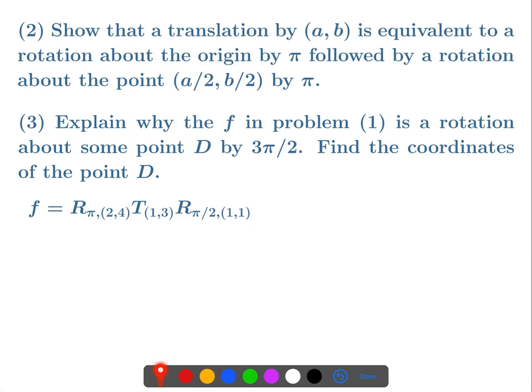But let me go ahead and comment that in the next lecture, you're going to see that something more general is true: when you have a product of rotations and translations, all we have to do is look at the angles of the rotations, add them up, and as long as this is not an integer multiple of 2 pi, it's going to be a rotation by the sum of those angles. So this will be a rotation by 3 pi over 2.